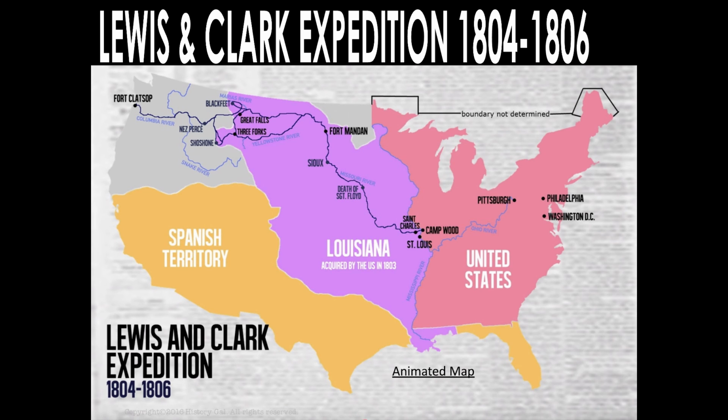So, as you can see, the purple is Louisiana, which is now ours. So you can see we now have the pink and the purple. All right, and Jefferson tells them to go and see what is out there. The Mississippi River. I've actually been to these, mainly the Ohio River, but now you see all of this here, and then the Yellowstone River, also known as Yellowstone National Park.